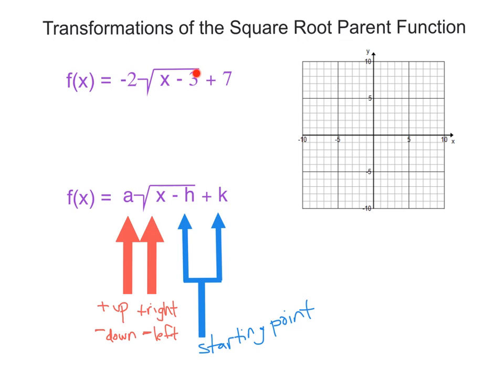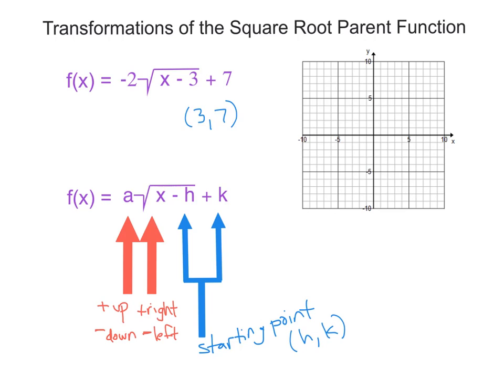It is 3. Okay, so h is 3. And what is k? Well, the positive shows up here, so k is 7. Our starting point is h, comma, k. So for this specific example, our starting point is going to be 3, comma, 7.